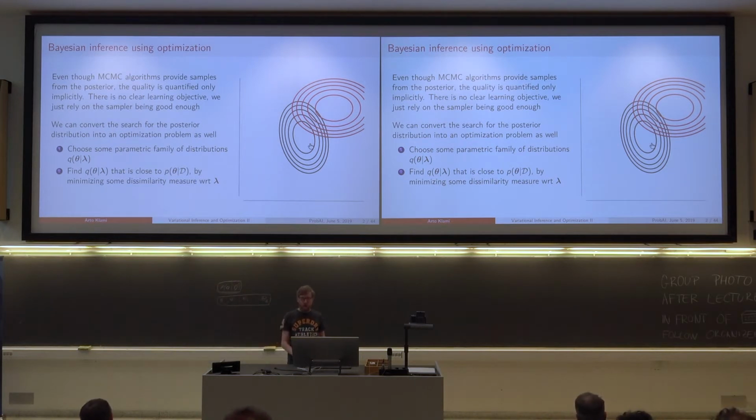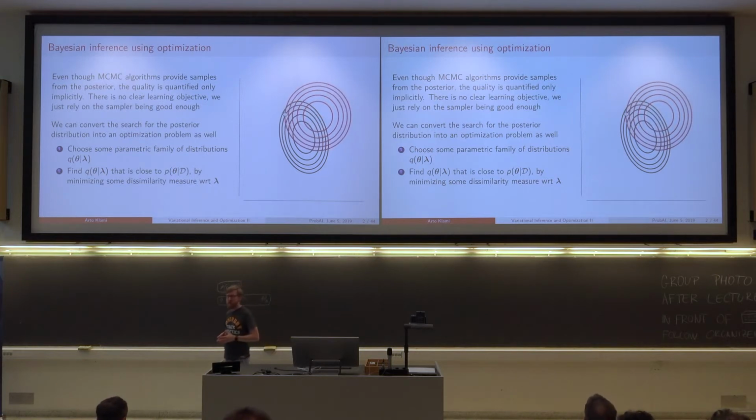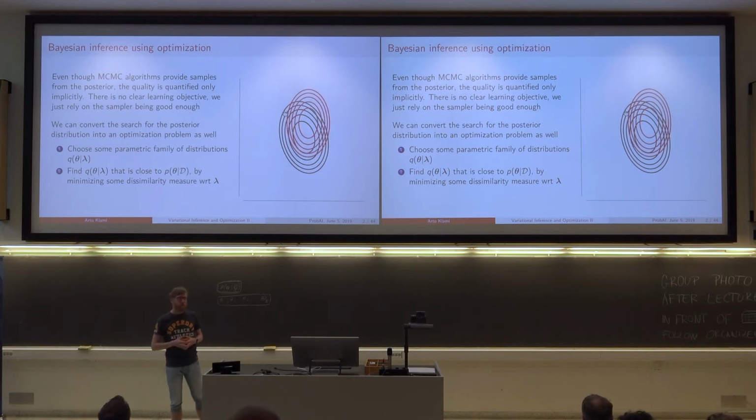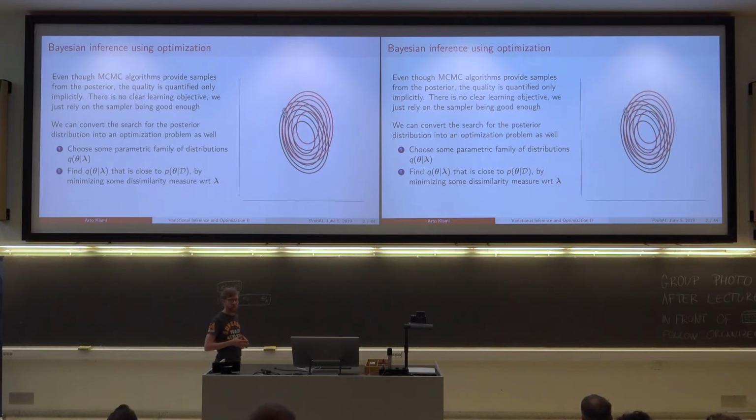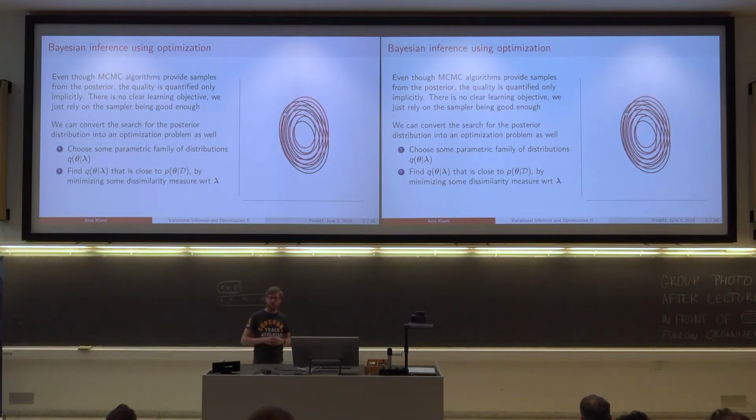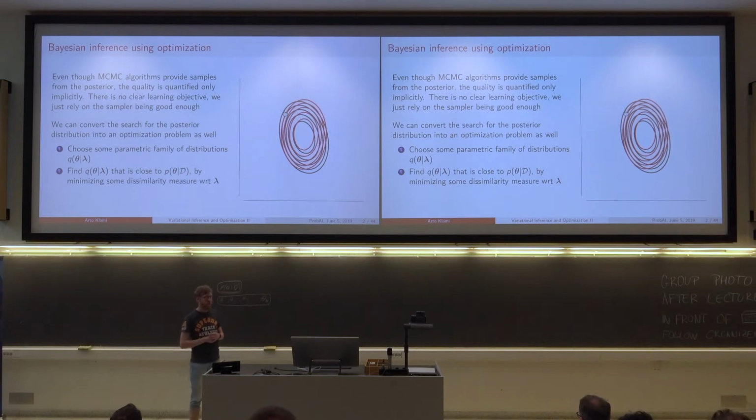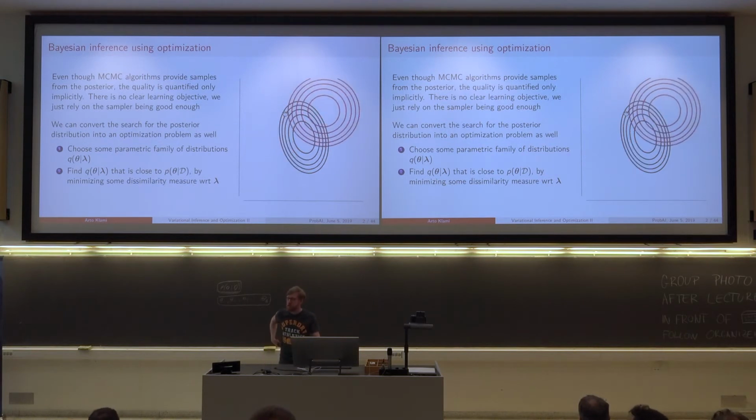So what we're talking about is, instead of something like MCMC, we are solving the Bayesian inference problem with optimization. We assume a parametric approximation, some distribution Q, and we simply find the parameters of this approximation so that they are close to the posterior of interest.